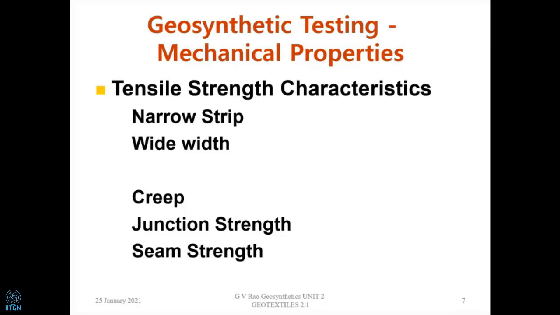They were testing a specimen which could be as narrow as 25 millimeters or 50 millimeters. This specimen was quite long, maybe 75 millimeters or something like that. So with that kind of specimen, the width being 25 to 50 millimeters and the length, all within grip, being 75 millimeters, it was called narrow strip.